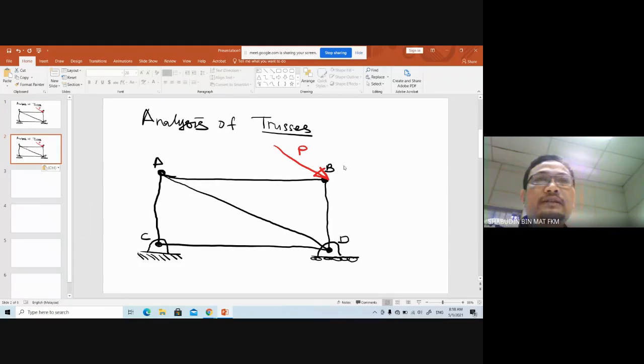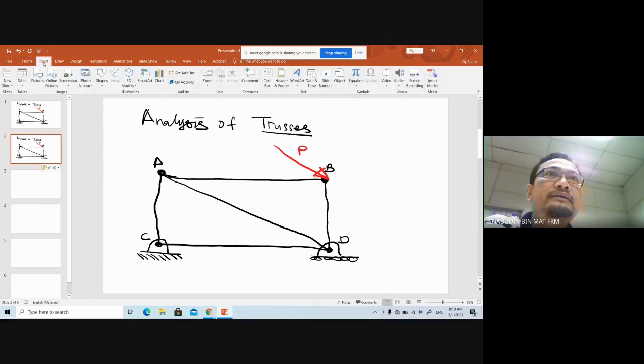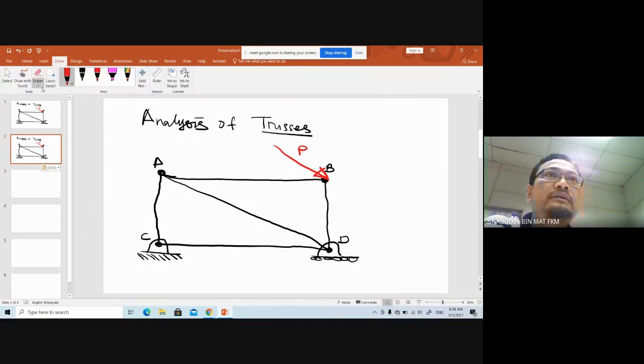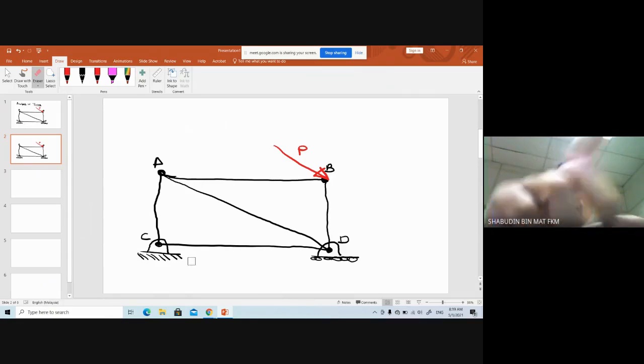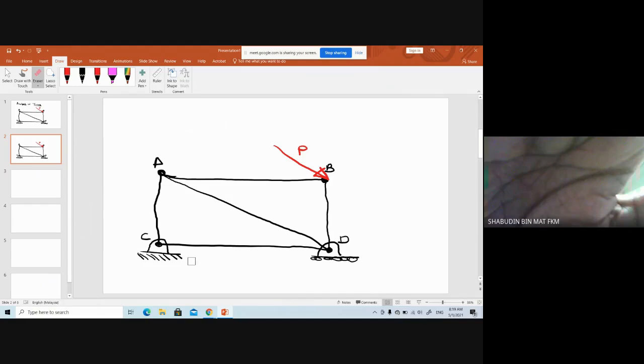Okay, so the first thing to do is to draw the free body diagram, the overall free body diagram. Listen to me, don't draw a force with the pin.